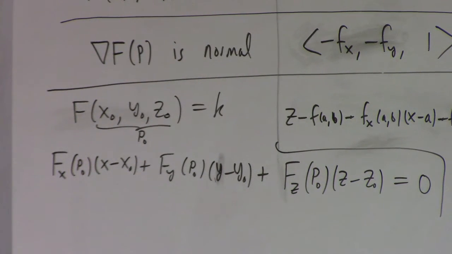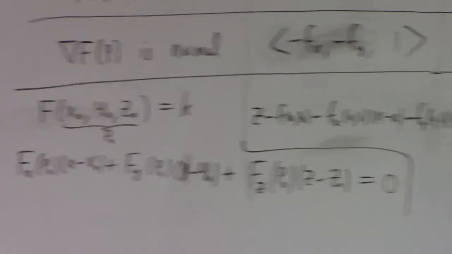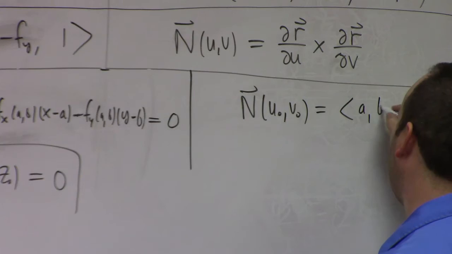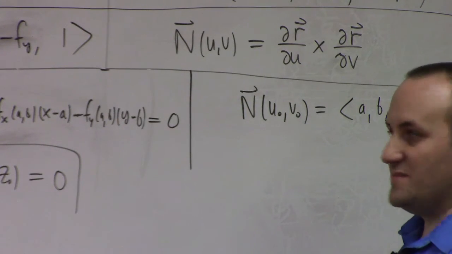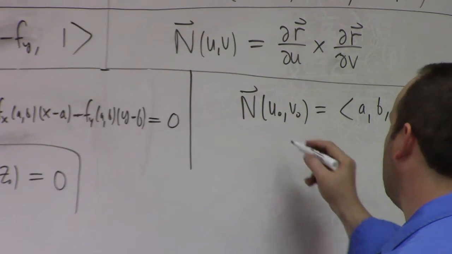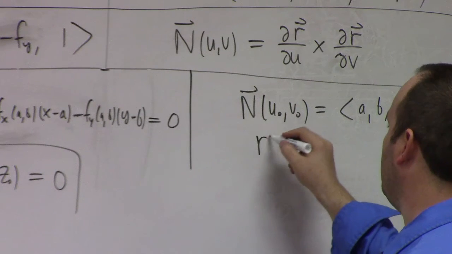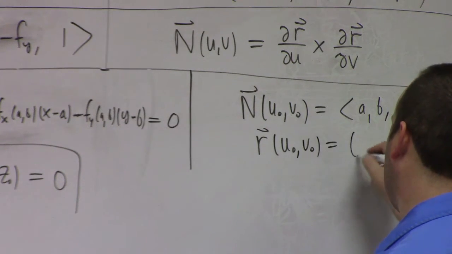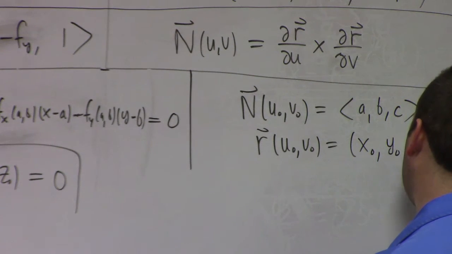If you'll allow me this, let's suppose that n of u naught, v naught was equal to a b c, okay? And let's suppose that r of u naught, v naught was x naught, y naught, z naught. Then what would the equation of the tangent plane be?